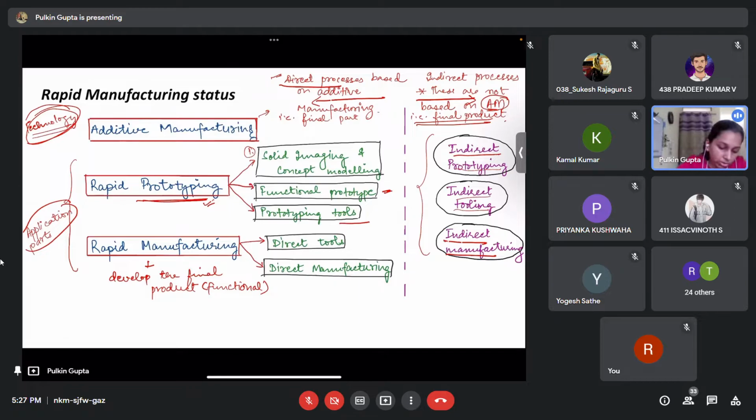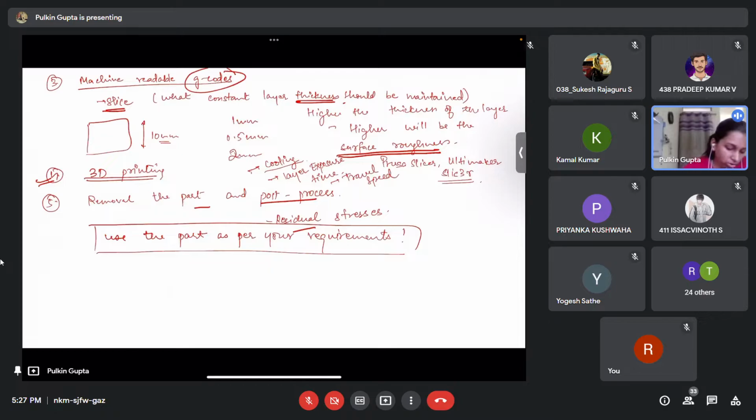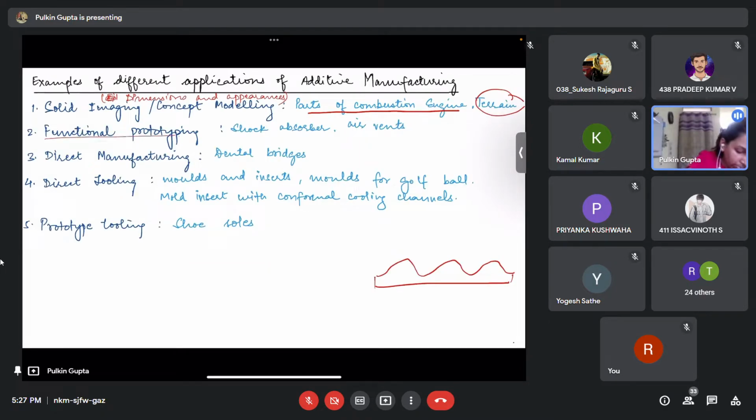Next comes functional prototyping. In functional prototyping, we check if the part is actually performing its required functions or not.